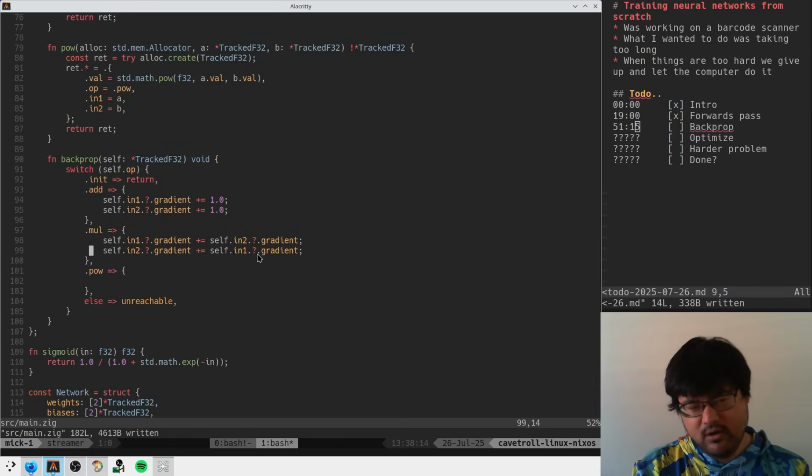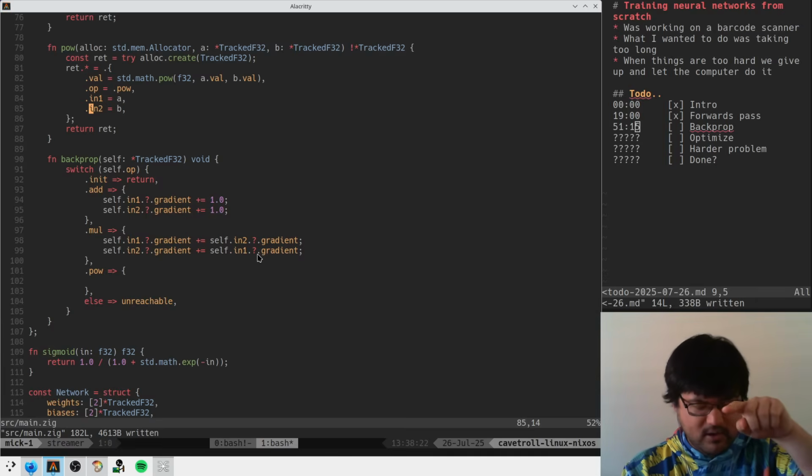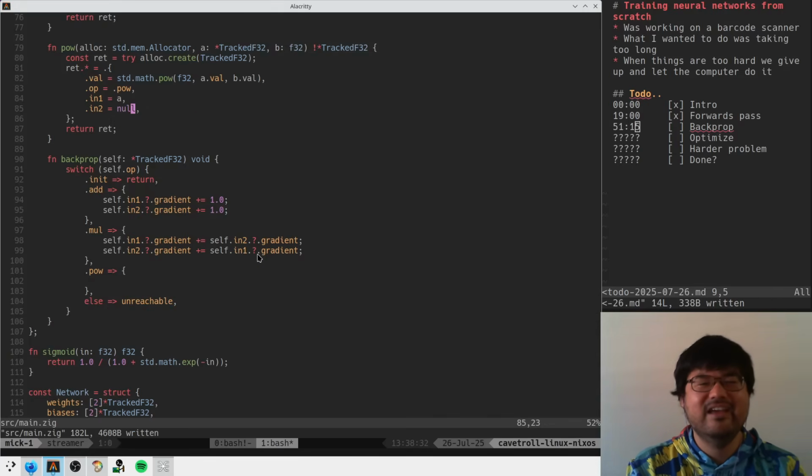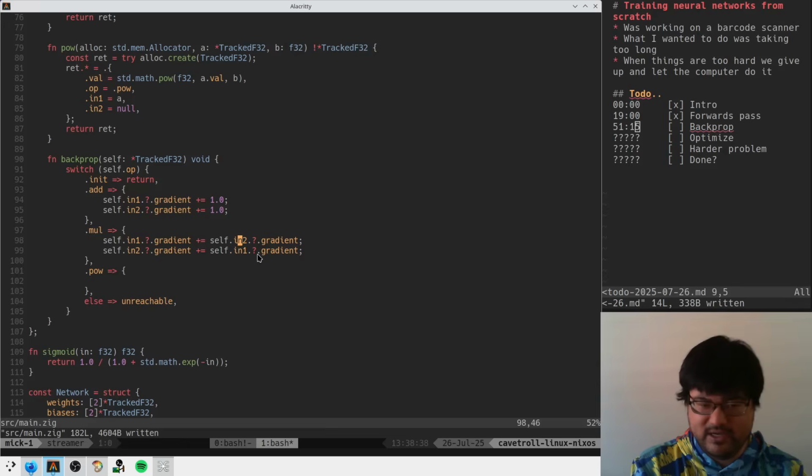Power. I'm gonna change power so that the thing being taken to, like A to the power of B, I don't want B to be tracked. That's my new thought here because I don't know how to do that, right? So in this scenario, now figuring out the gradient of A is quite easy, right?